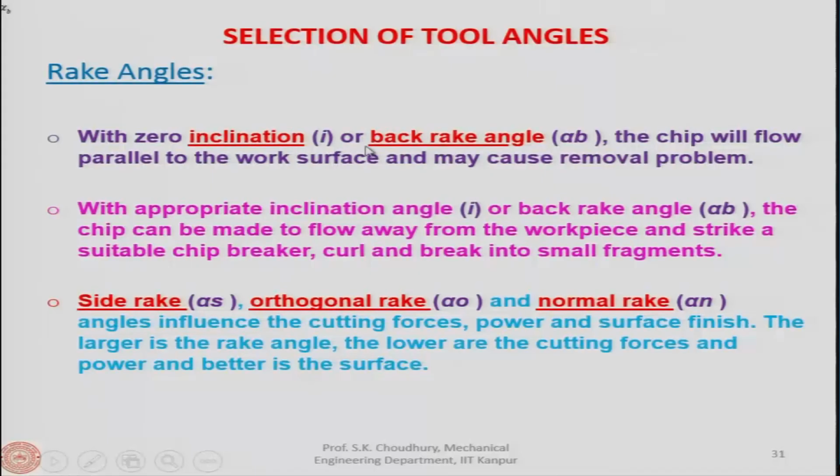With 0 inclination or back rake angle, that is I or alpha b equal to 0, the chip will flow parallel to the work surface and may cause removal problems. When it flows parallel to the workpiece surface, it can further entangle with the workpiece and the tool. It can cloud the machining zone.